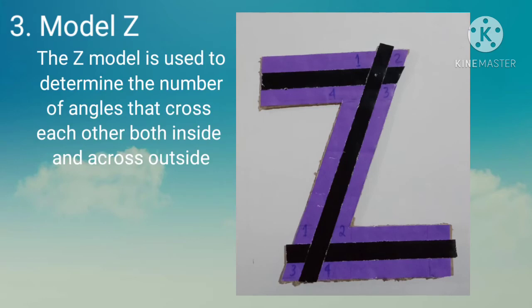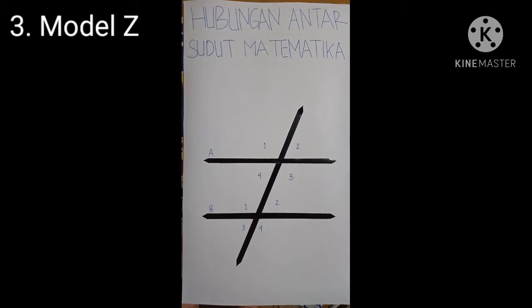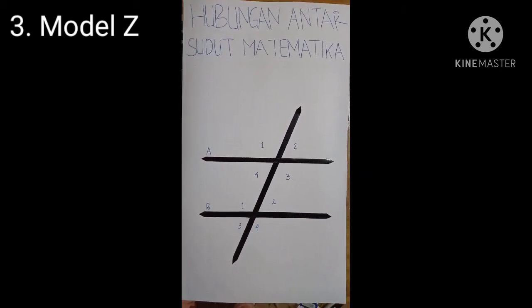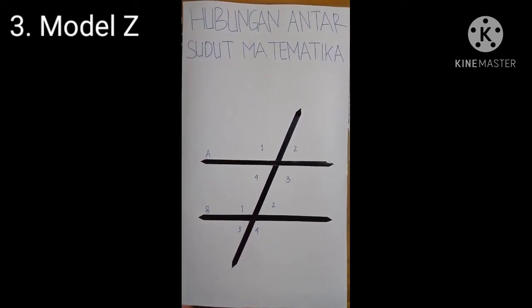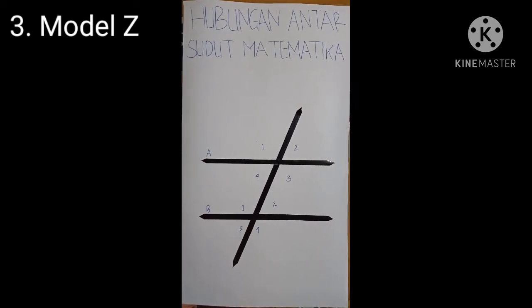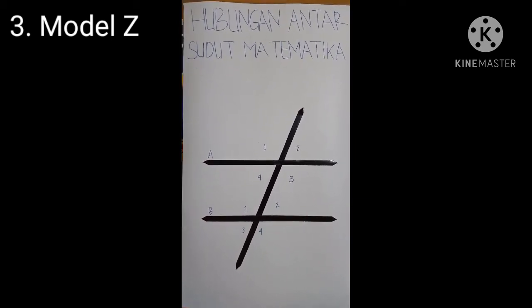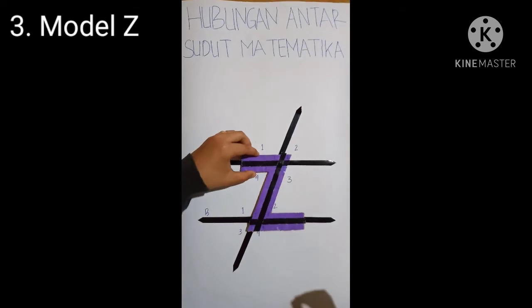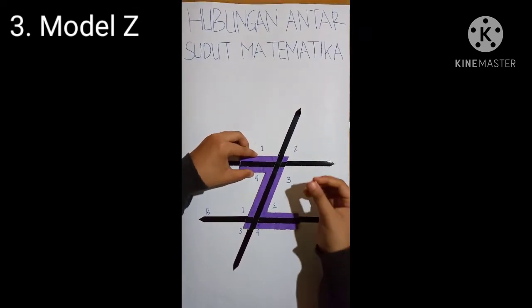Third, model Z. The Z model is used to determine the relationship of angles that cross each other, both inside and outside. First, here I take the example of the opposite angles outside. Take the Z model and attach it to the Huban-Suka board using a pin.